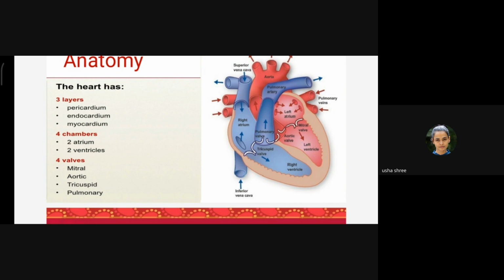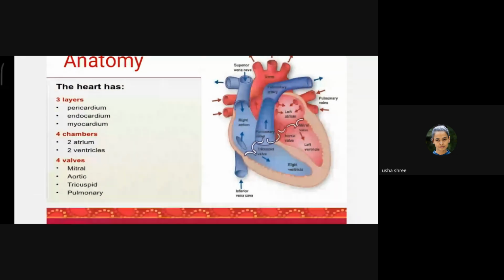Now, the heart has 4 chambers: 2 atria and 2 ventricles, right and left. You can see in this picture the right atrium, right ventricle, and left ventricle. These atria and ventricles are separated by valves.